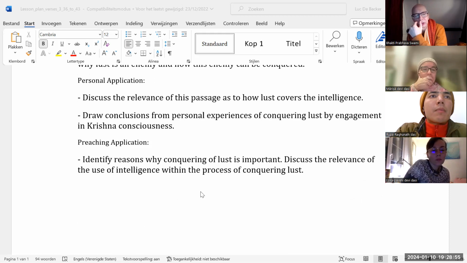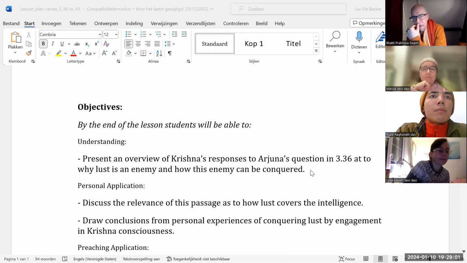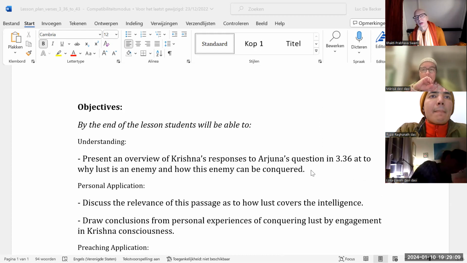Discuss the relevance of the use of intelligence within the process of conquering lust. These are your objectives, but you must present the entire section from 36 to the end, to the last verses.